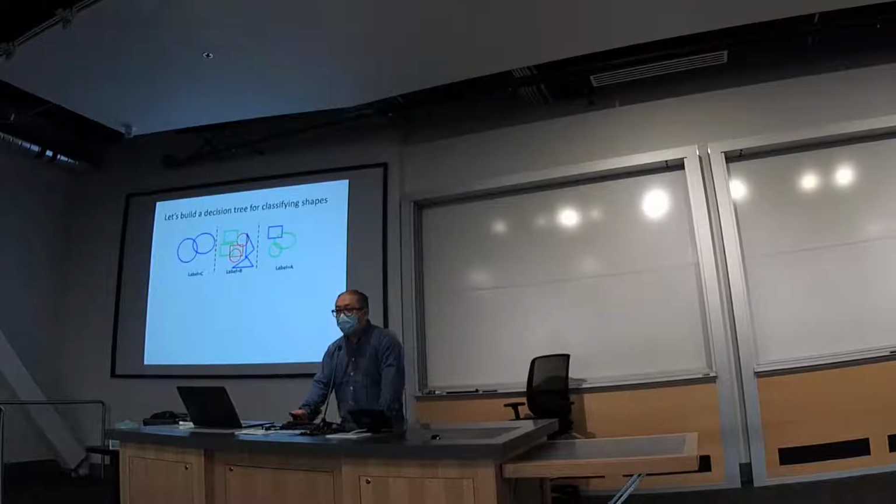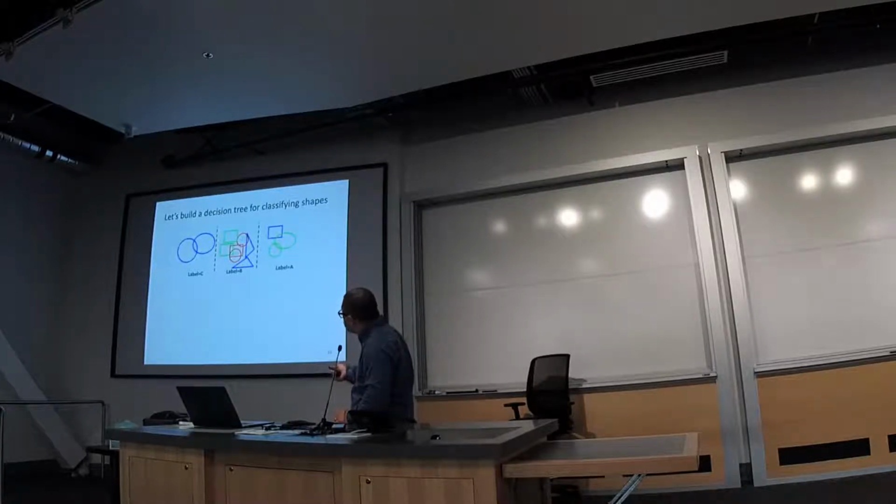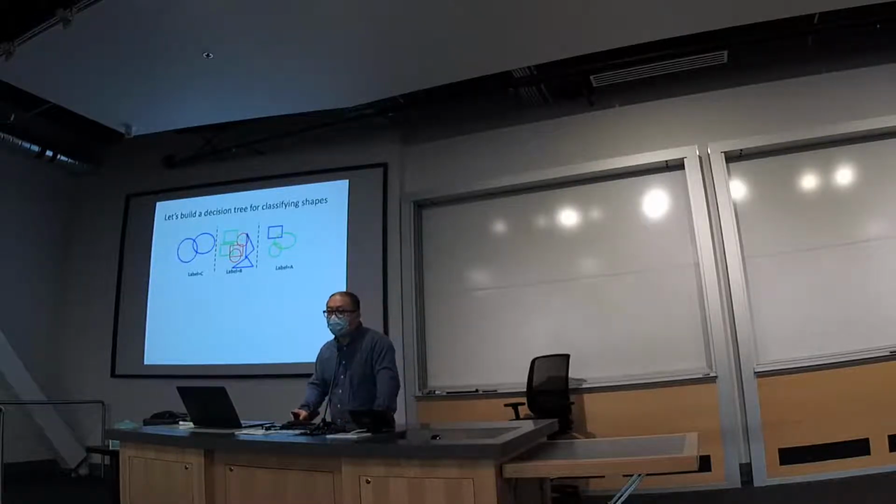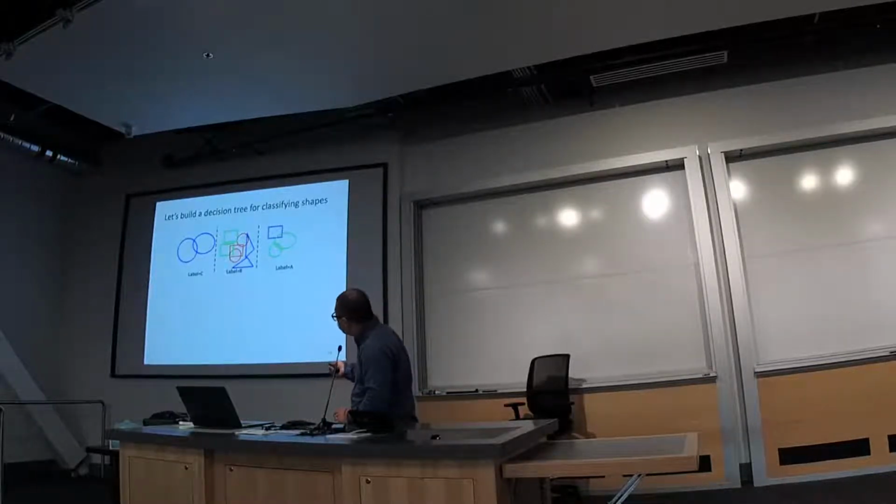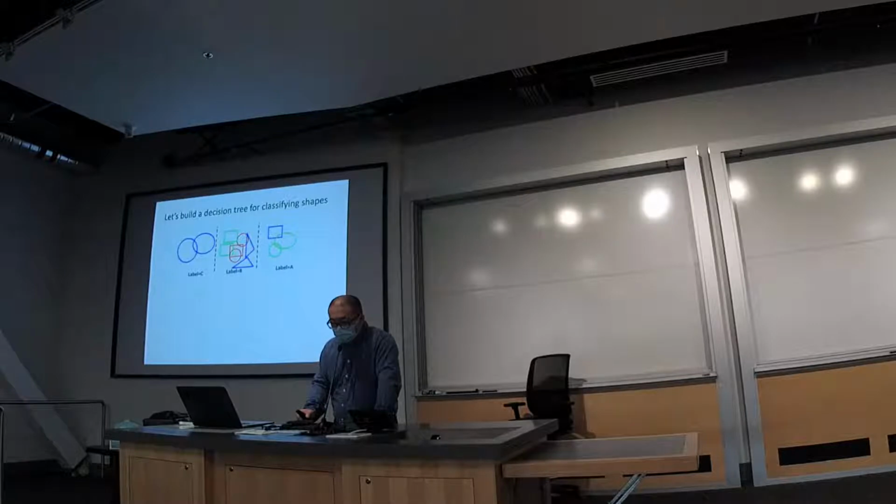Okay. So here is our data set. You can see that it's just a collection of colored shapes. Those shapes are labeled into 3 categories: A, B, and C. Please take a second to look at those examples before we start creating our decision tree.